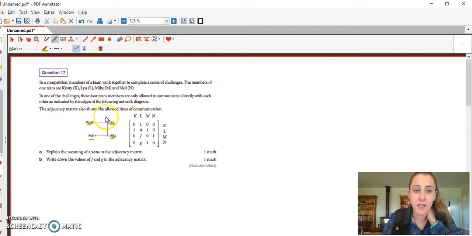So they've taken this graph and they've turned it into an adjacency matrix here. As you can see across the top, we've got our columns labelled K, L, M, N and K, L, M, N. And all they've done again is just transfer this information into the matrix. So if we go to Christy, she can only talk to Lynn, which is why I've got a 1 here.